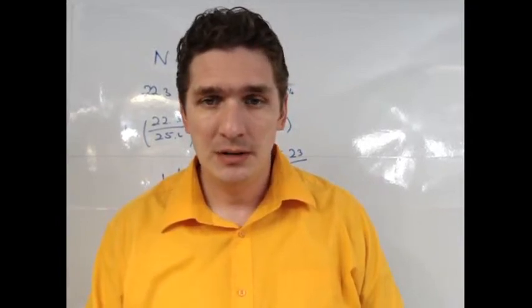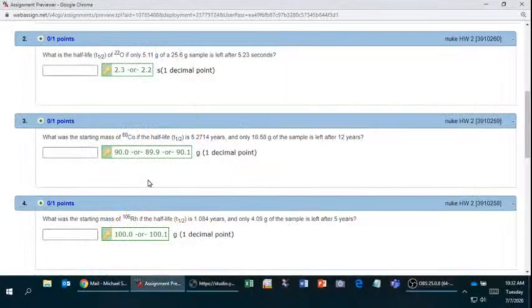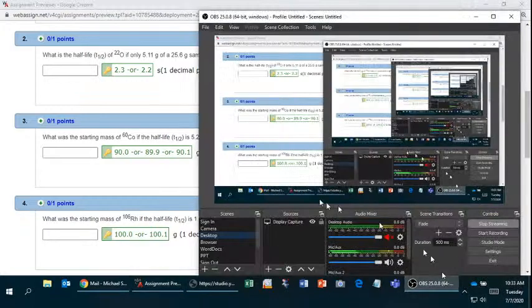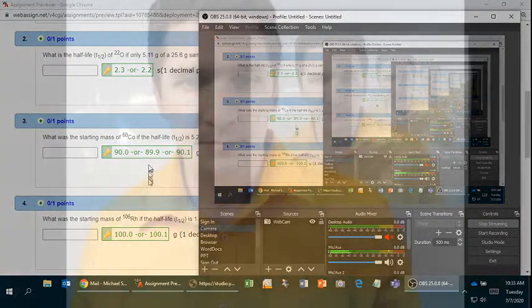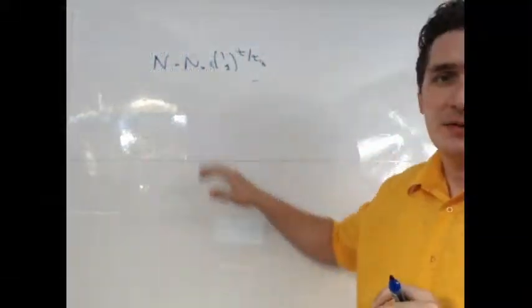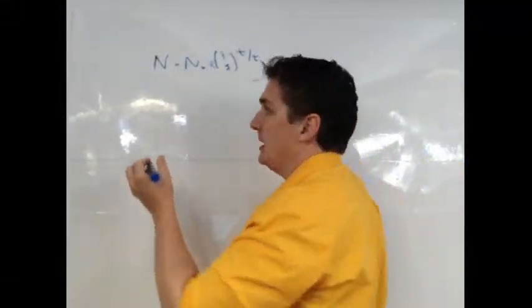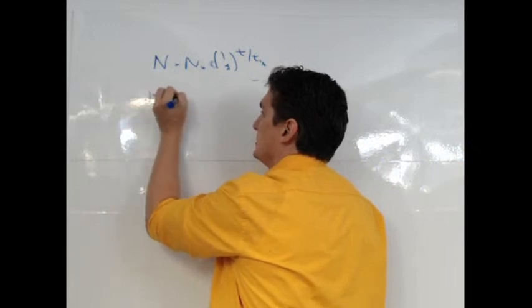So question 3, what is the starting mass of cobalt-60 if the half-life is 5.2714 years and only 18.58 grams of the sample is left after 12 years? So again, starting with our half-life formula, we know we're going to finish with 18.58 grams.